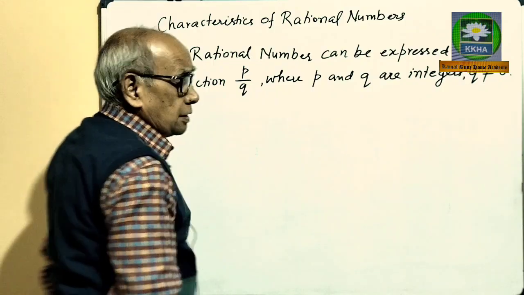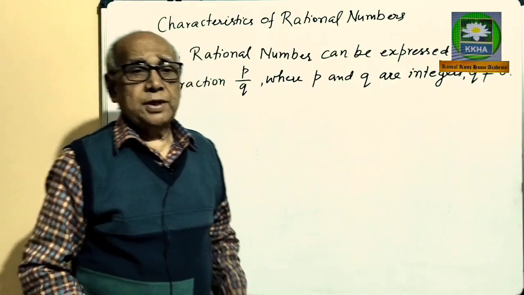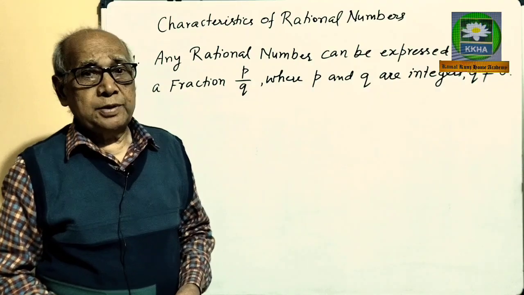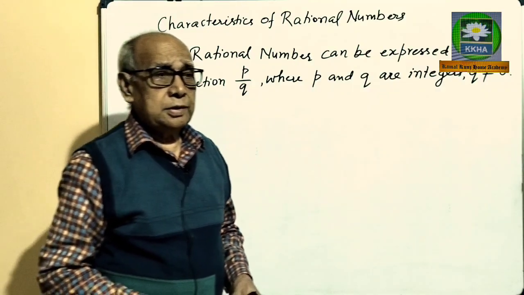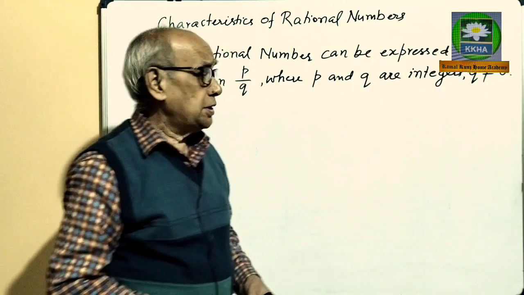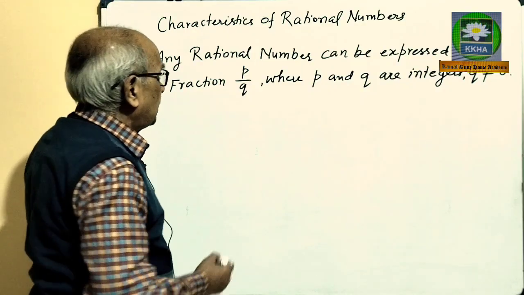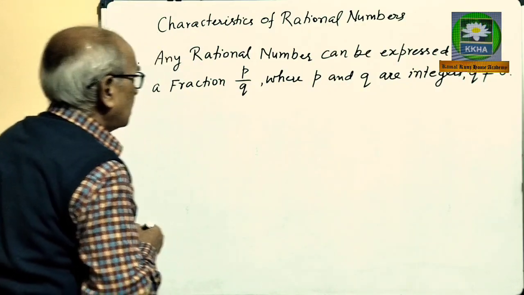So, rational numbers can be expressed in the form of fraction P upon Q, where P and Q are integers and Q is not equal to 0.